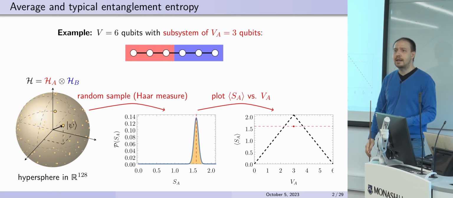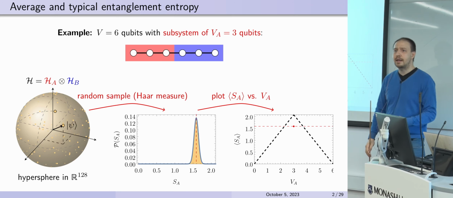Now, we can do the same setup, same average, and so on, for a splitting of 2 versus 4 qubits, and we would find again an average, and we would find such a point, and we can do that also for 1, 4 qubits, and so on, and we would get a curve.